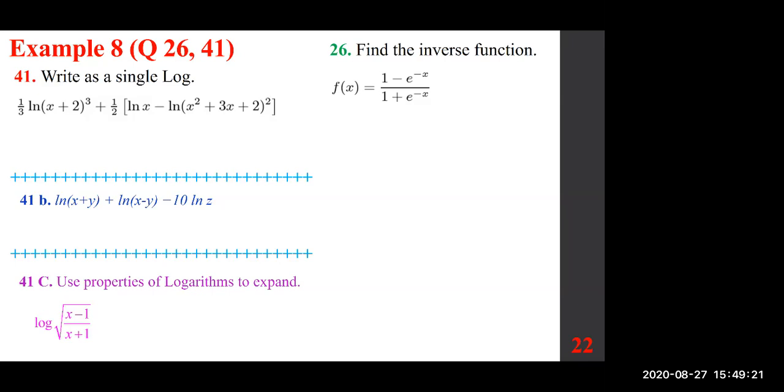Okay. Plus 1/2 ln x minus ln of x squared plus 3. Let me see. That would be the answer. I need more room to go over that. So I will finish the rest.